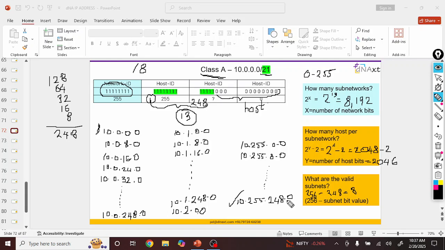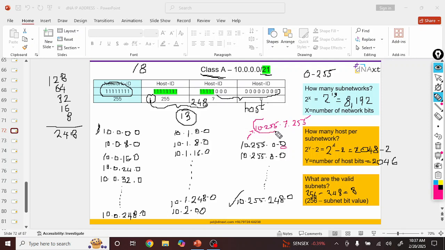Its broadcast ID will be 10.255.7.255. This is purely host, so you can write 255 over here.